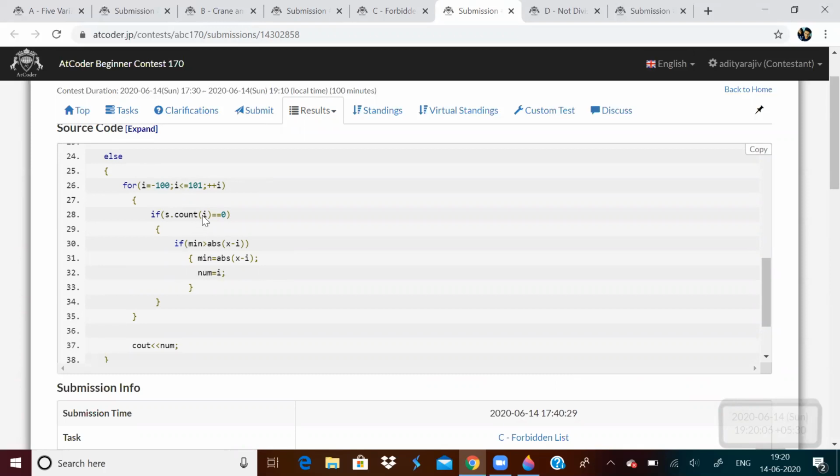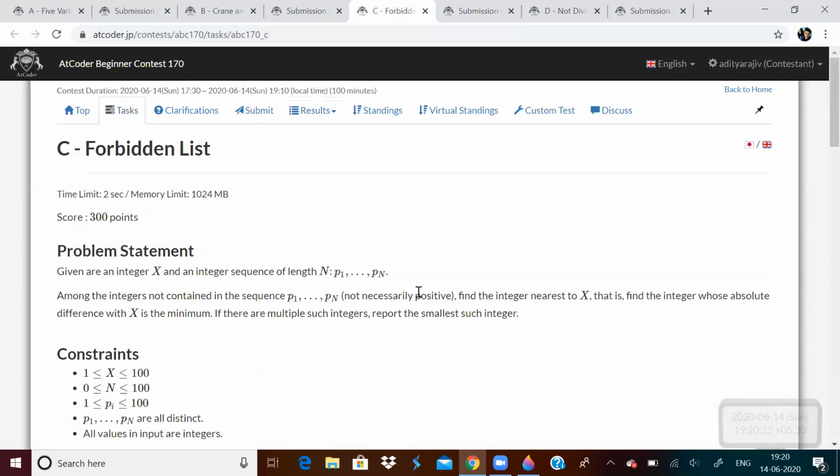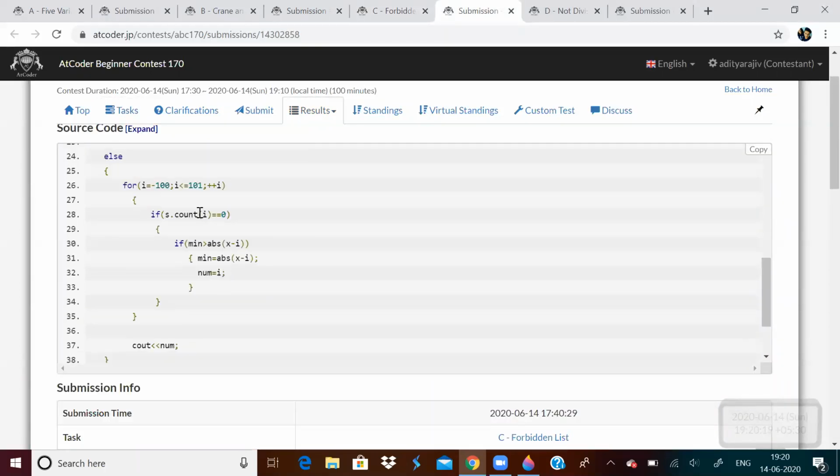And then check if I is not present in the set, because we have to find the nearest element to X which is not present in the set. And after finding out that the element is not present in the set, we need to find the nearest element whose absolute difference is minimum.